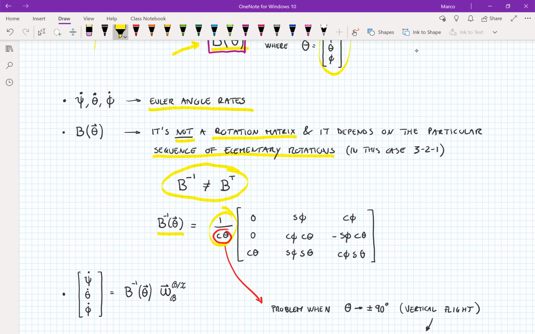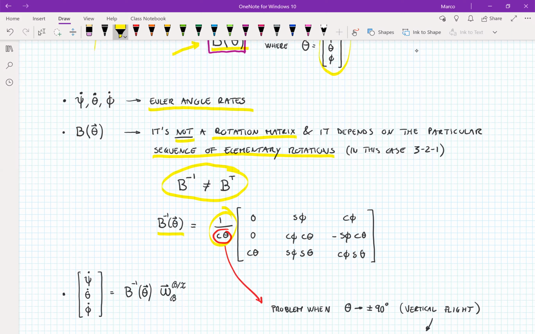And whenever we have things at the denominator, we're going to have some trouble. Cosine of theta goes to 0 when theta goes to plus or minus 90 degrees, so the inverse of the B matrix will just blow up.